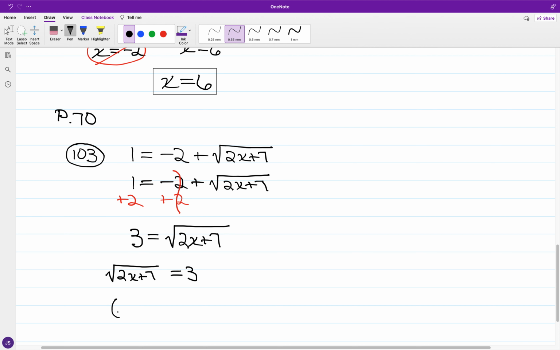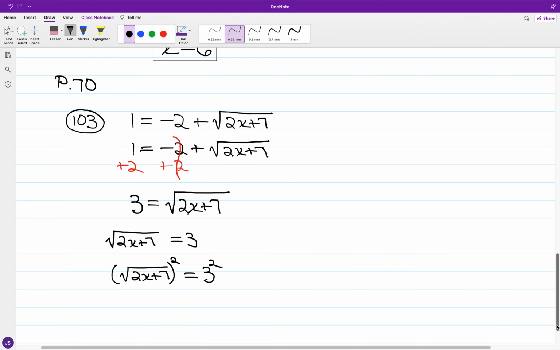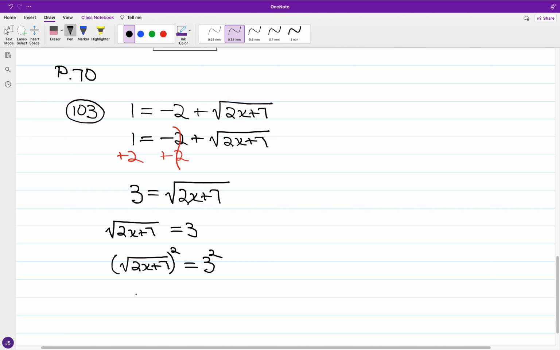And so we're going to remove the radical upon squaring both sides. And so we're going to have the square root of 2x plus 7 squared. So this will be 2x plus 7. And 3 squared is 9.